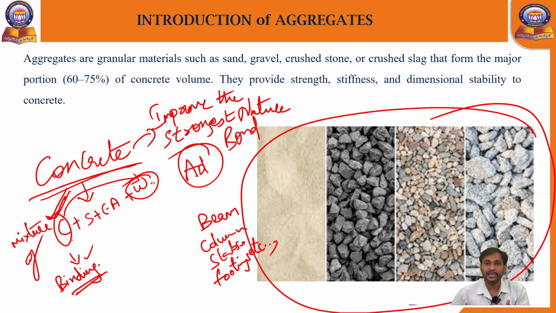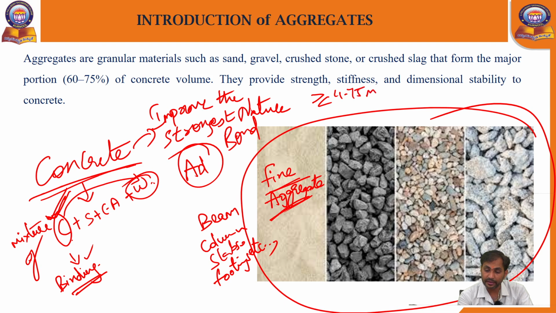The aggregates are divided into two types: one is fine aggregate, and the other is coarse aggregate. In this image, where is the fine aggregate? These are very fine particles. This is fine aggregate. How can we define it? The classification by size of aggregate has two types. One is fine aggregate, where the size of the sand is less than 4.75 mm.